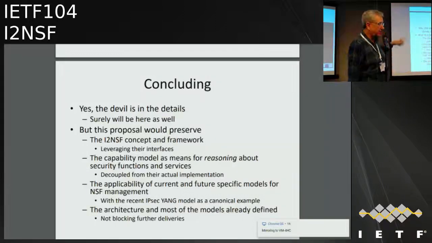This way, we keep the capability model for reasoning and for making the smart decisions, and we guarantee that the whole thing becomes a framework that can be extended and will accommodate new models in the future. And we don't touch, and this is very important, since we are only affecting two drafts, the registration interface and the NSF facing interface, it is, I guess, doable and can be aligned in a reasonable time.